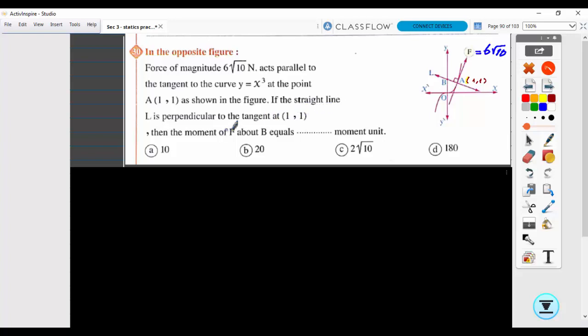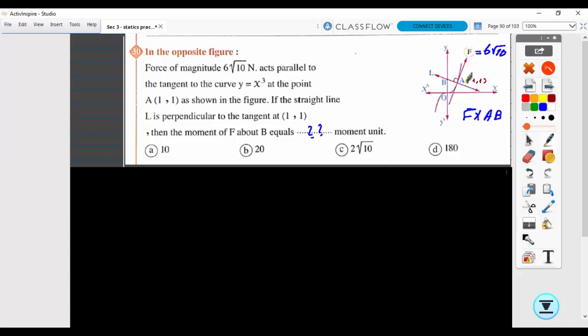If the straight line L is perpendicular to the tangent at 1 and 1, then the moment of F about B equals blank. Here is a question about the moment of F about B. The moment of F about B equals F multiply the length of AB.